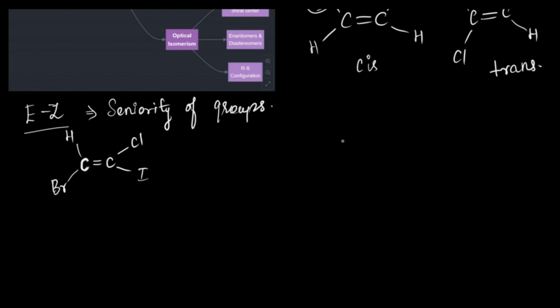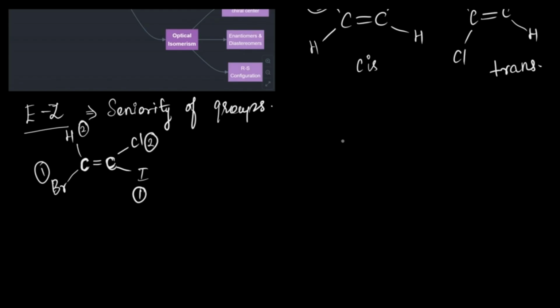Of course, bromine. So I'm ranking it 1. Hydrogen will get second rank. Considering another carbon, Cl and I, which is having the highest atomic number? Obviously, iodine. So first rank goes to iodine and the second rank goes to chlorine, right?